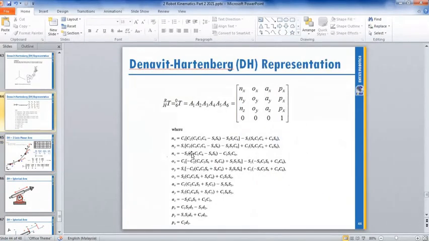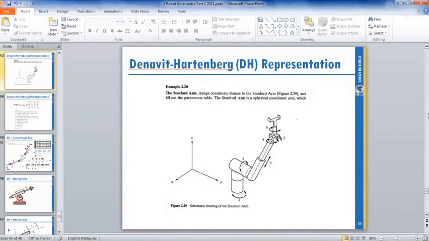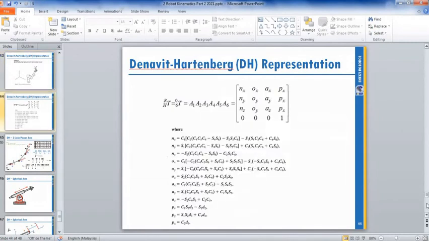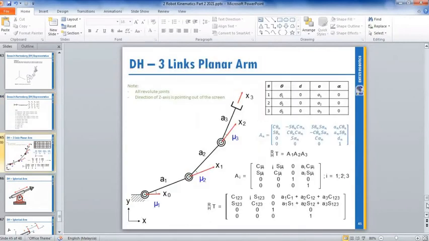But later I will show the detailed calculation for this example. So I have about 6 type of robot lah. They contain rotation and prismatic joint. After Raya, I will show the example for different type of robot.